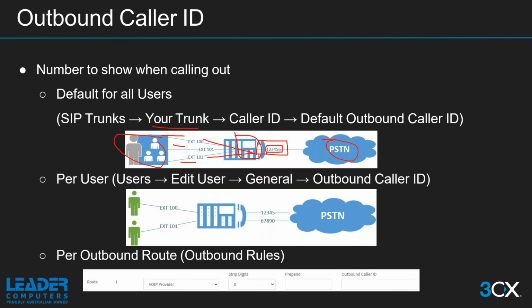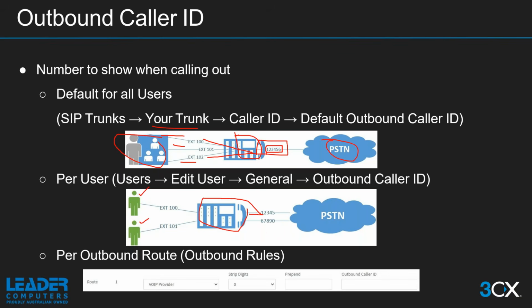Let's say you want to have multiple caller IDs, and you don't want a specific caller ID; you want each user to have their own caller ID. Then you won't be entering the caller ID on the SIP trunk level, but you will be entering it on the user level. For example, user one uses 12345 and user two, or 101, uses 67890.